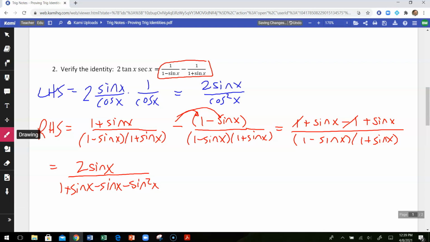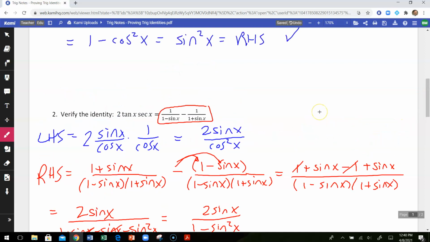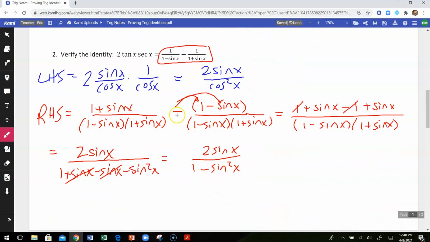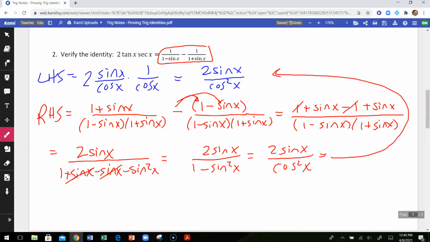And the plus sine x and the minus sine x would cancel, which means I have 2 sine x over 1 minus sine squared x. 1 minus sine squared, hey, that jumps out to me. I replaced 1 minus cosine squared with sine squared, so 1 minus sine squared, that's cosine squared. So 2 sine x over cosine squared x, which is where I got stuck.